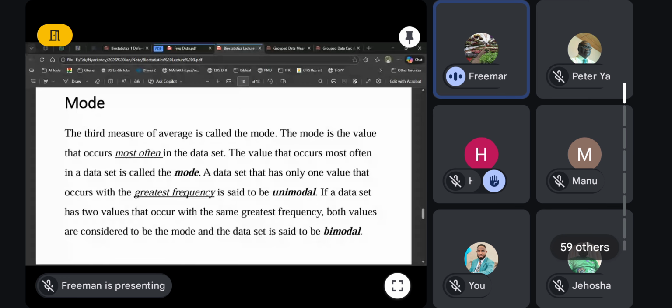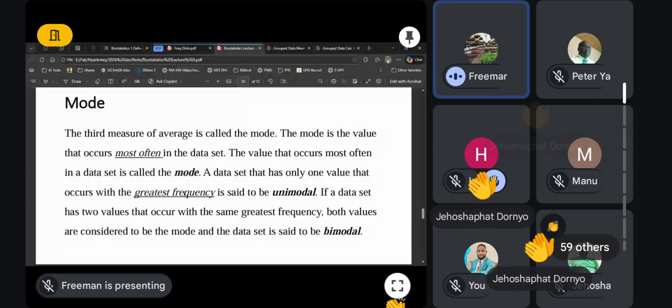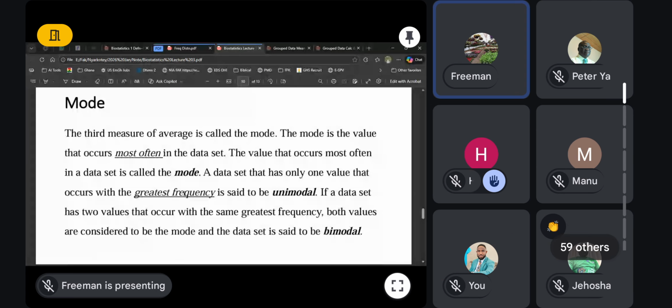All we are saying is if you have a set of data, your data can be the systolic or diastolic values of your patients. Maybe you want to be specific, hypertensive patients, and you are interested in the systolic values. You want to do an analysis with the systolic values of the BP of your patients. At the end of the day, you realize that a particular number among the systolic occurs most.